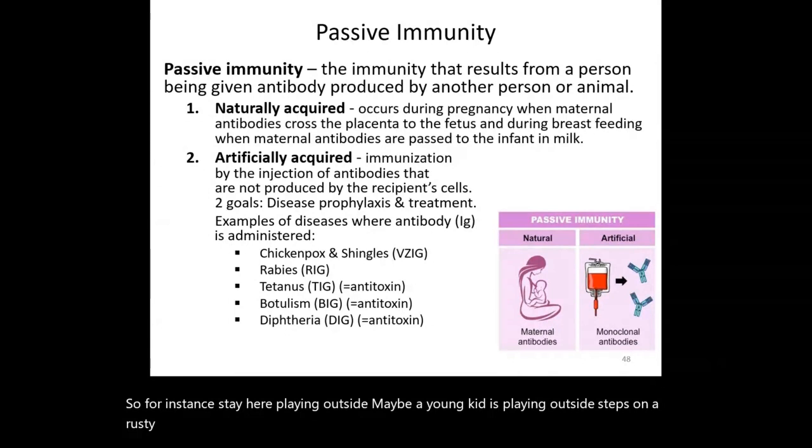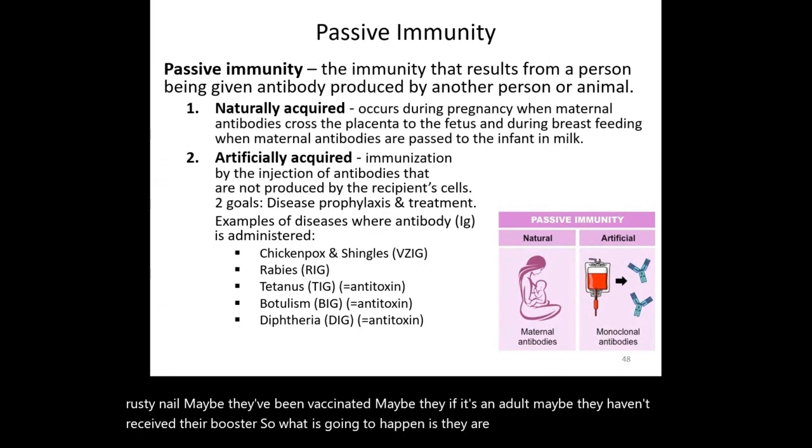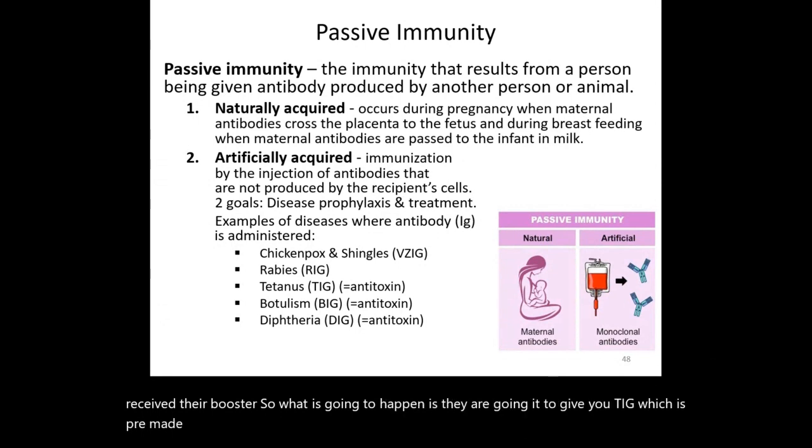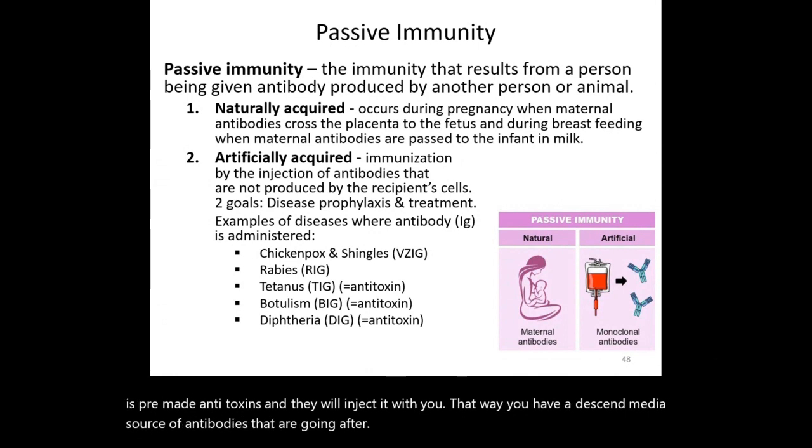Maybe they've been vaccinated, maybe they haven't. If it's an adult, maybe they haven't received their booster. So what is going to happen is they are going to give you TIG, which is pre-made antitoxins, and they will inject it into you. That way you have this immediate source of antibodies that are going after that toxin.